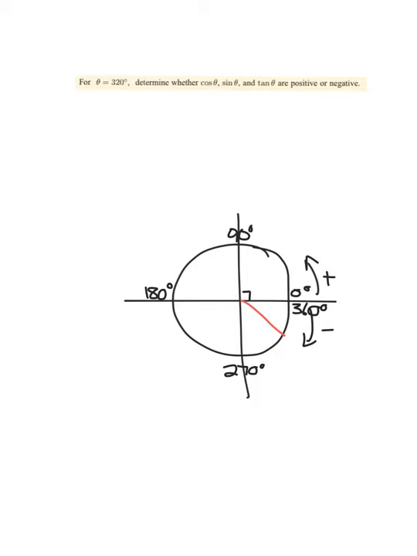All right. Now I've just said that x is actually equal to cos theta and y is actually equal to sine theta. Interesting. So if my angle is 320 degrees, starting at 0, going around to 320, is my x value positive or negative?